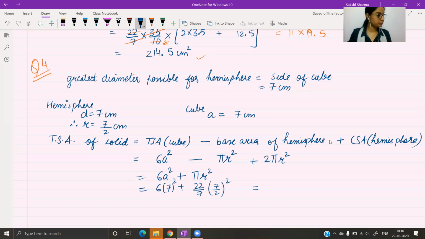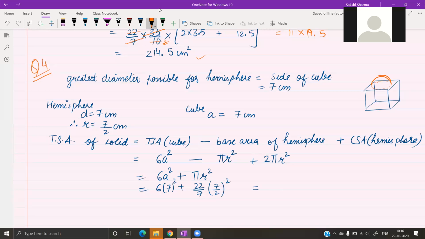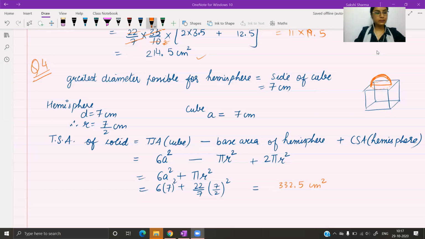Simplify your answer. So this is the answer, 332.5 centimeters square.